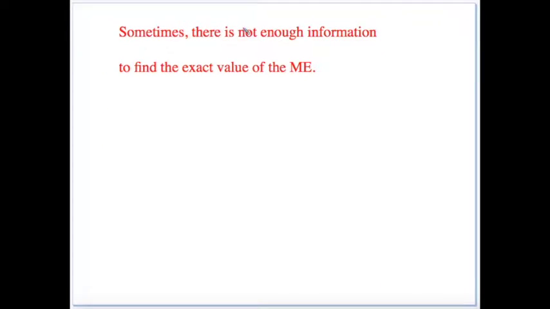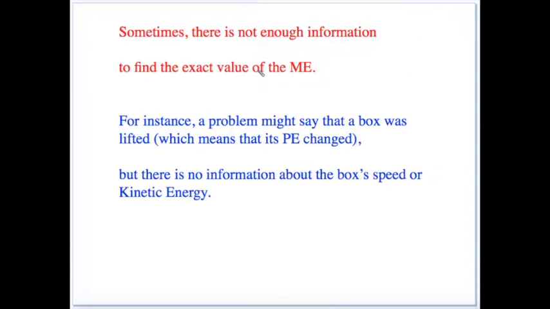Sometimes there's not enough information to find the exact value of the mechanical energy. Remember that mechanical energy is potential energy plus kinetic energy. Sometimes the problem will just give you how much potential energy has changed. So like if you're lifting a box, you're changing the potential energy, but maybe you don't do anything to the kinetic energy if it stays at rest at the beginning and the end.